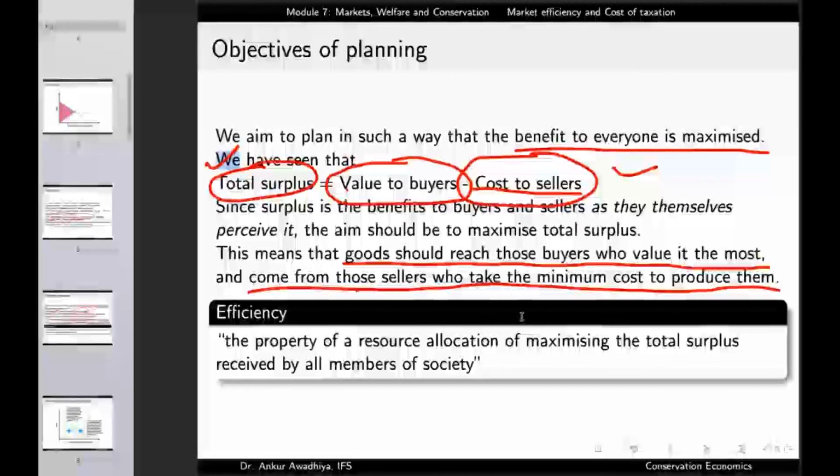And we have seen that the total surplus is maximum when goods go from the sellers that take the minimum cost to produce them to the buyers who value them the most. In that case, we say that the market is working in an efficient manner.